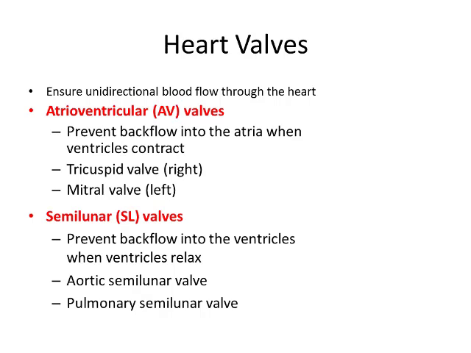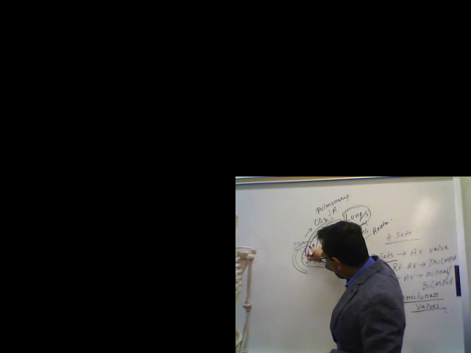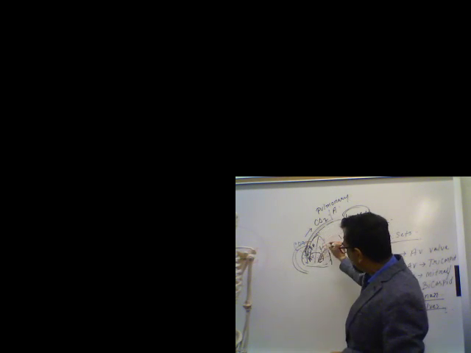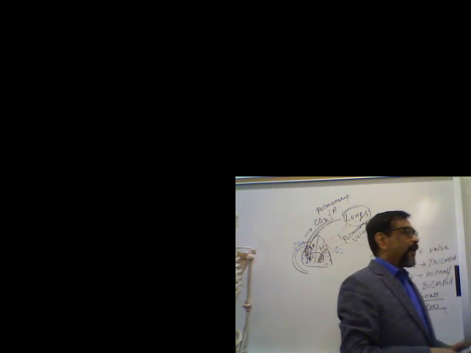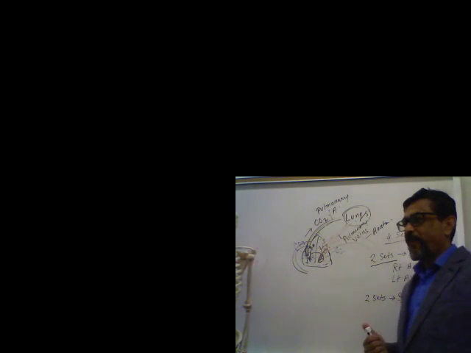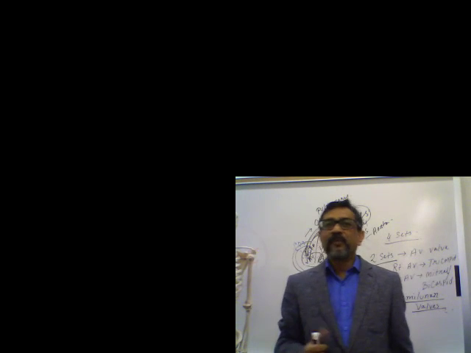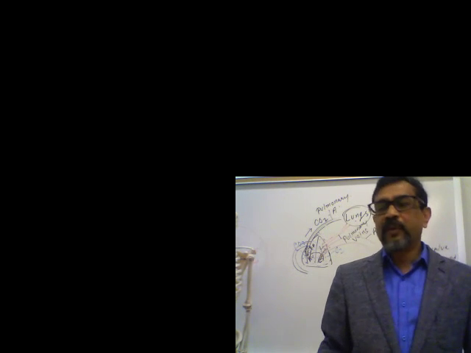Now, blood vessels in the heart. In the heart, there are two types of blood vessels. What are those two types? One type of blood vessels are these, you see here, I have shown you.